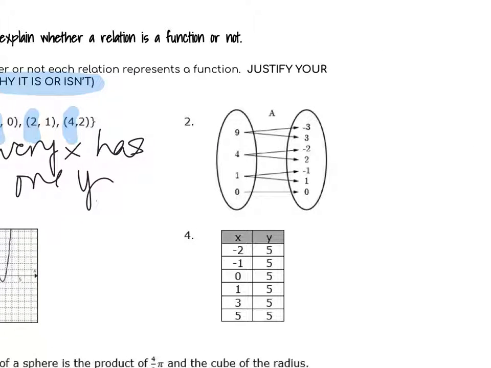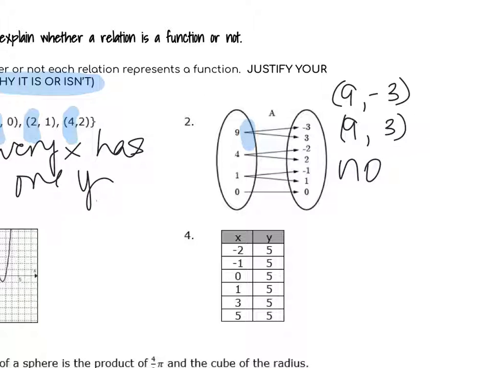Well, when I look at number 2, I see right here that I have the point 9, negative 3, and I have 9, 3. That's the same x with two different y's.